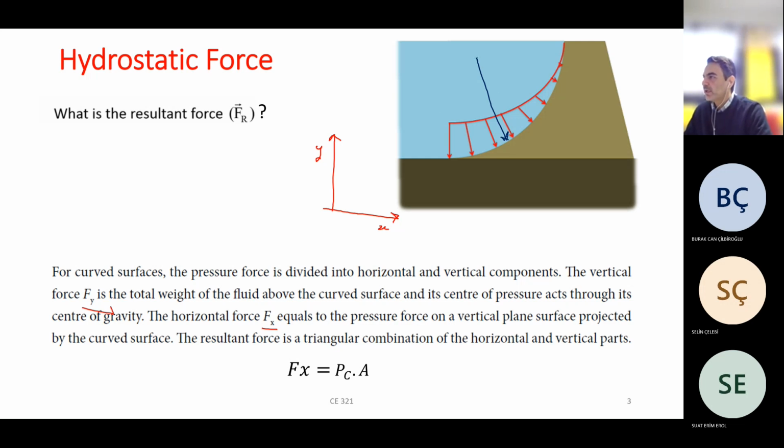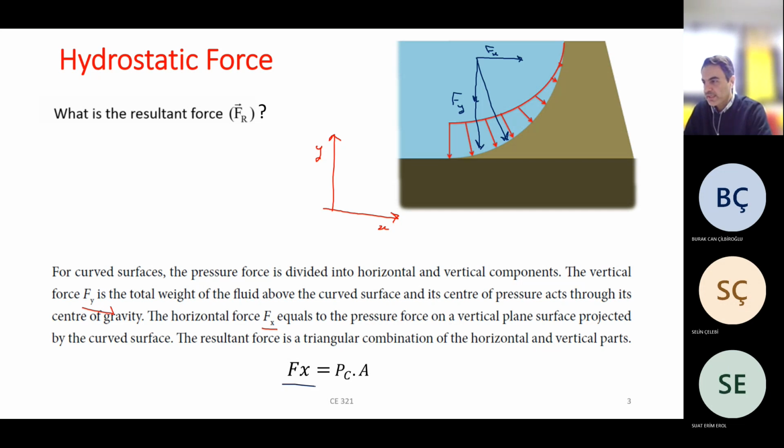It definitely has an x component, based on this x direction, which I show as F sub x, or horizontal force, and this is the y component, called the vertical force F vertical or Fy. In the next slide, we will see the definition of the horizontal force. Let's continue with the horizontal force.